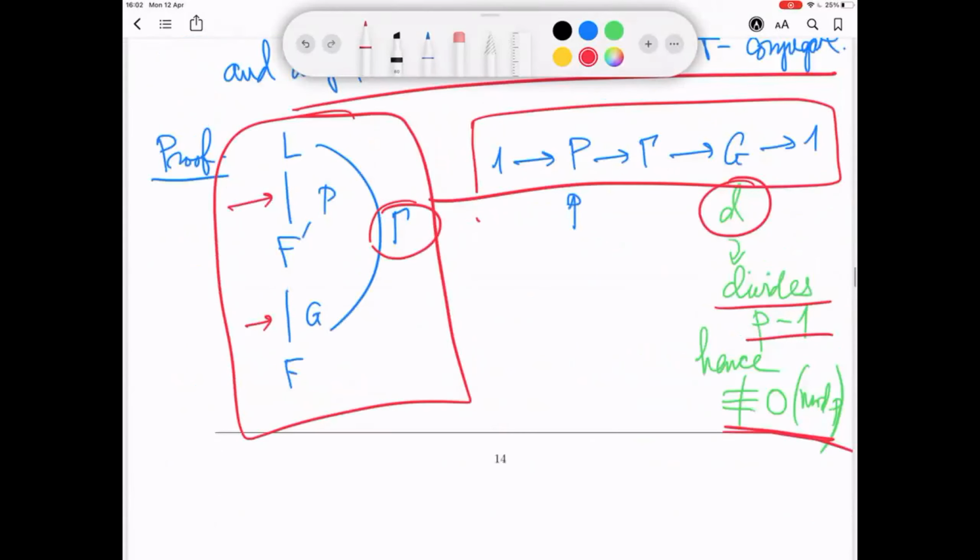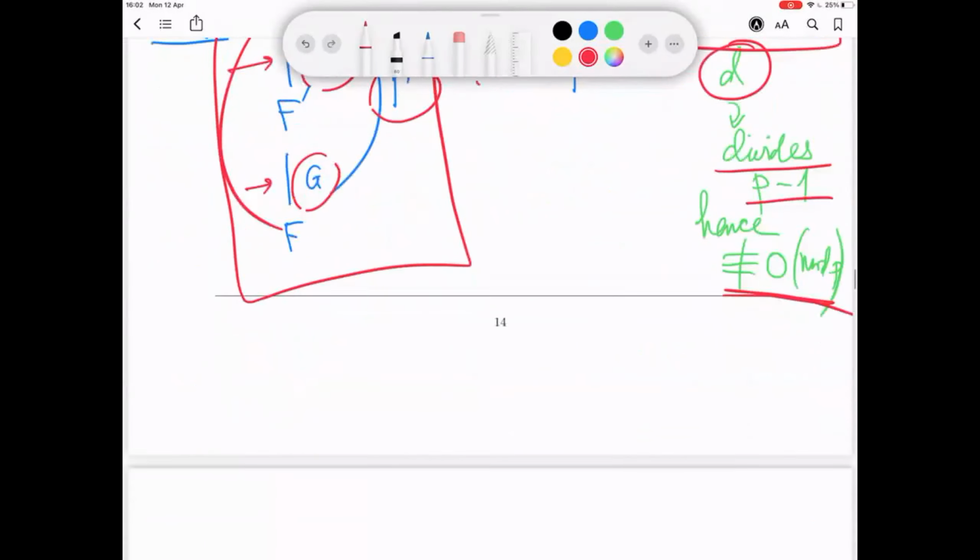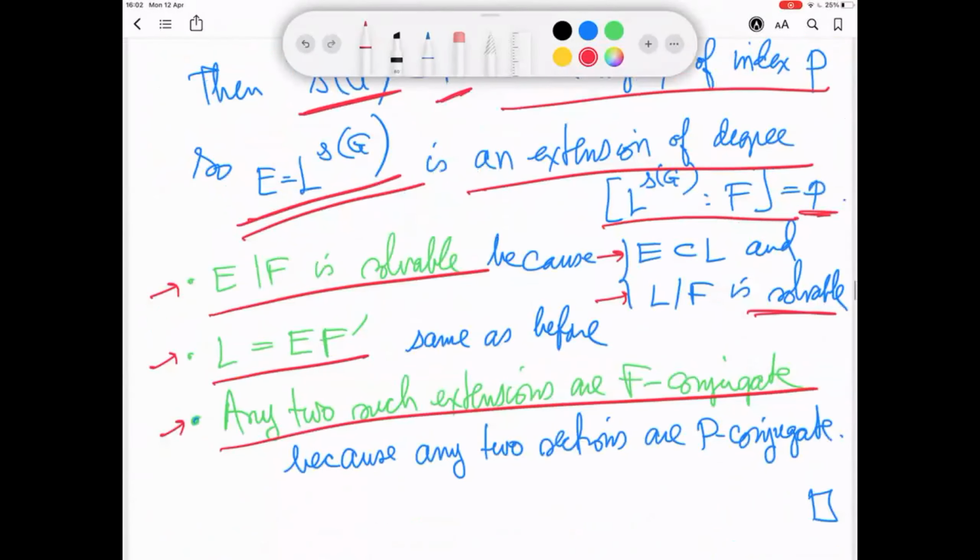Because this is cyclic, this is cyclic, so the whole thing is soluble. And if something is contained in a soluble extension, then of course it is itself solvable, because subgroups and quotients of soluble groups are solvable.